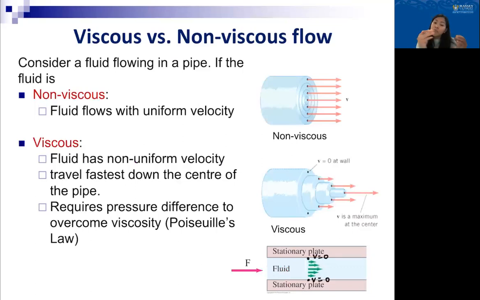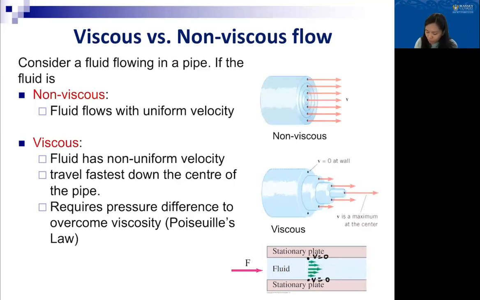They will probably move, but only just a little bit. But the fluid at the middle will have a faster or a bigger velocity. That's where the force is also being applied close to the middle of the pipe where the fluid is flowing.